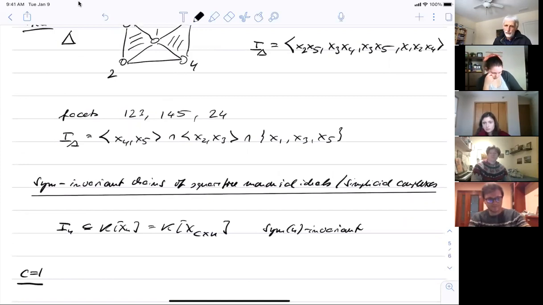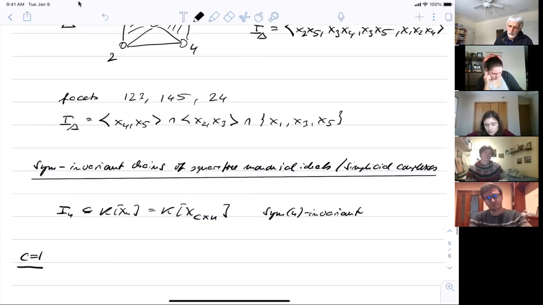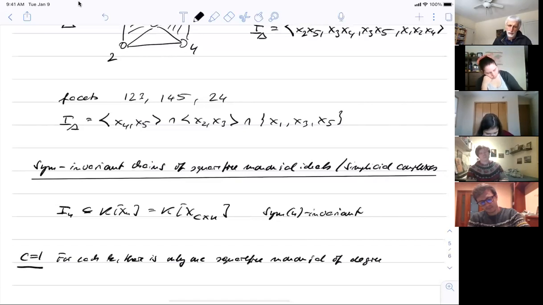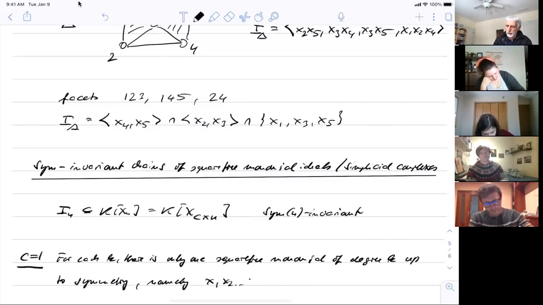And then if you look at the monomials of degree k, there's only one square-free monomial up to symmetry, namely the product of x1, x2 up to xk.